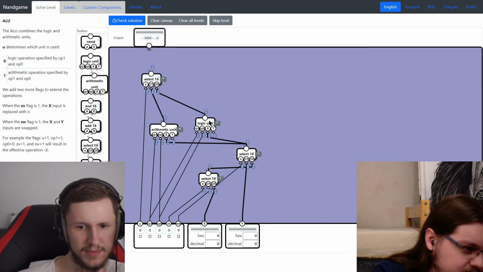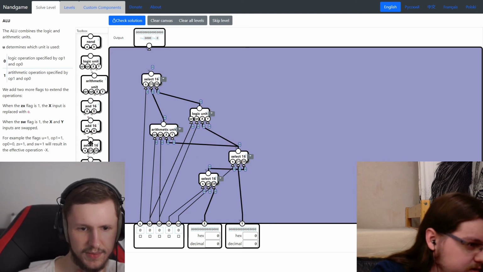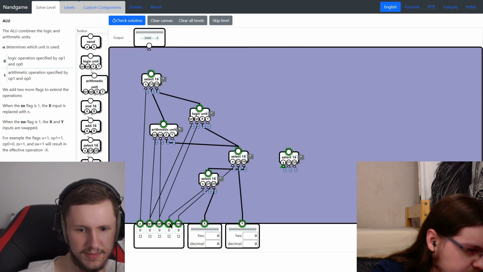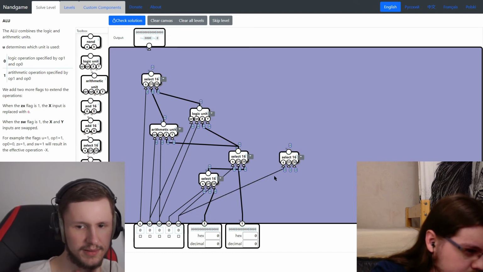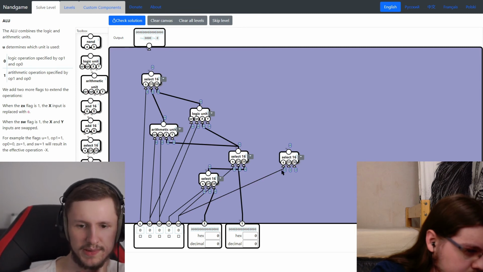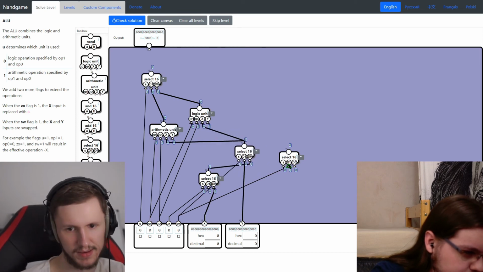This is X. And then we need another selector for Y, which is the swap. I think you need to invert that. Oh no, you don't, you just swap the inputs around. So here I have one connected to Y, so one is connected to X.